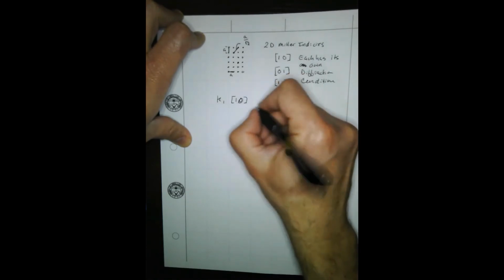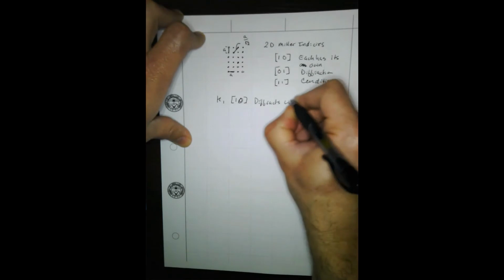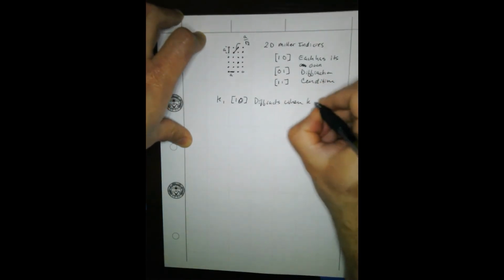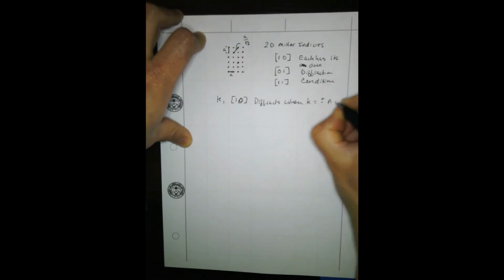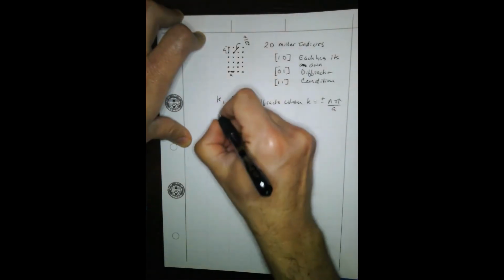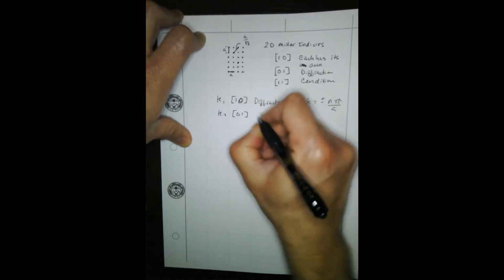And this diffracts when k is plus or minus n pi over a, okay? K2 is 0, 1.